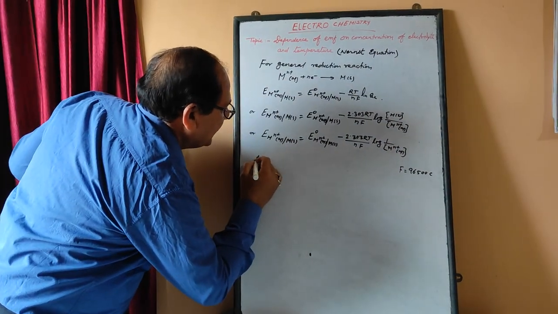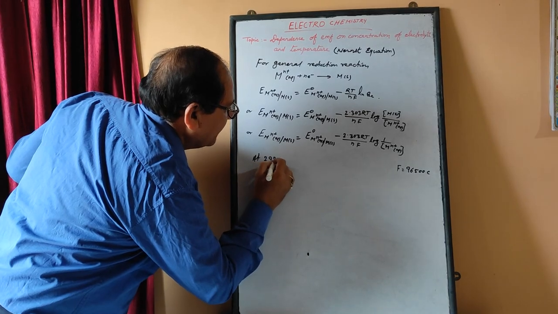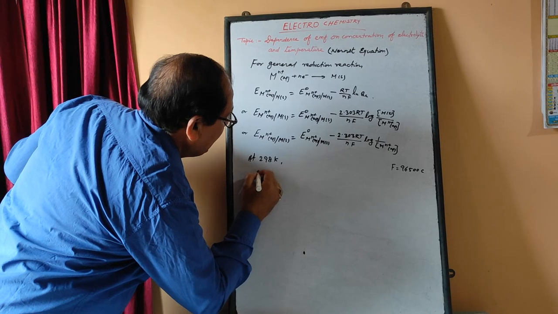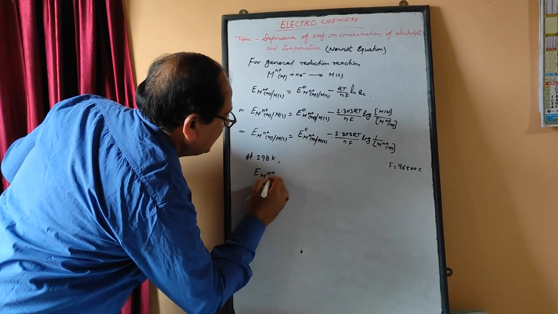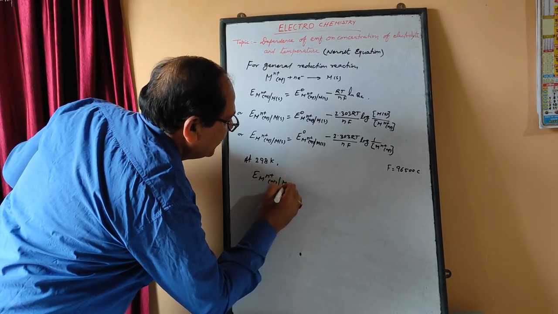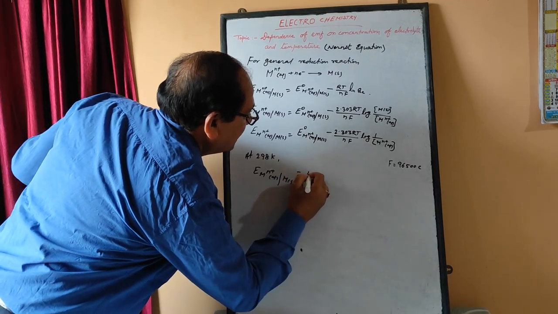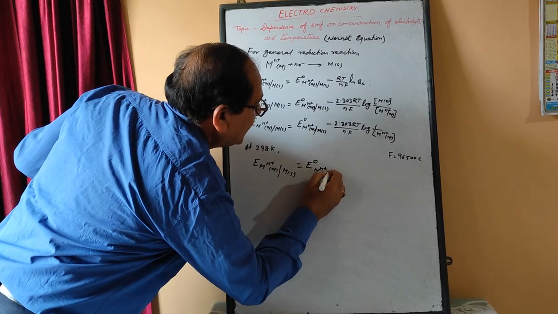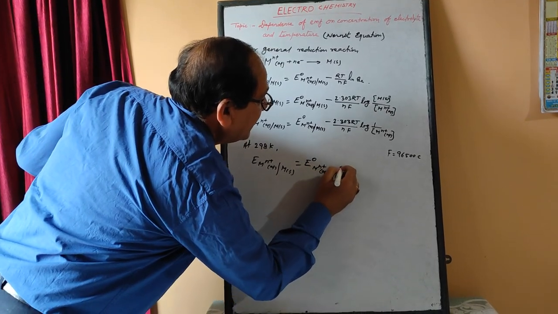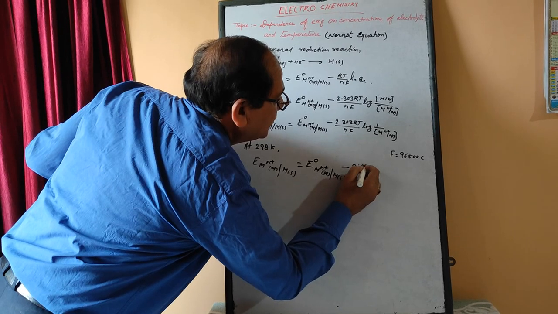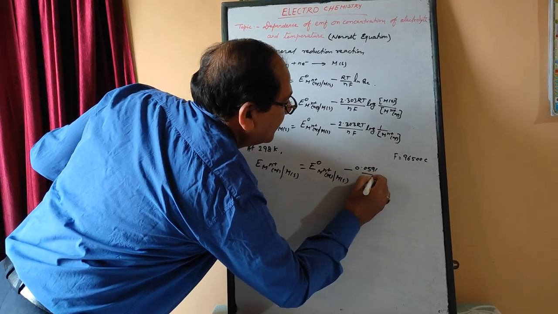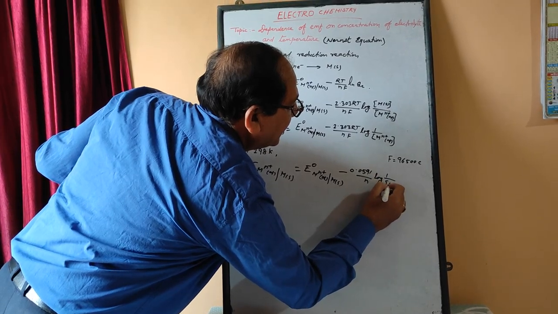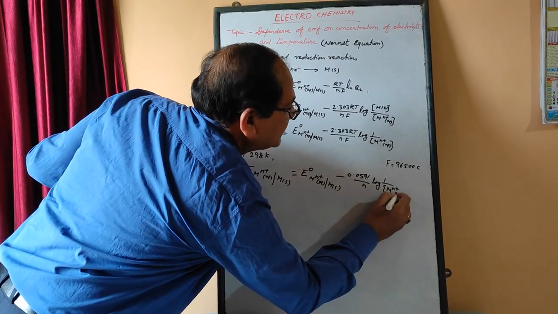So at 298 Kelvin, E of Mn+ aqueous/M solid is equal to E naught of Mn+/M minus 0.0591 by n log 1 divided by the concentration of Mn+.